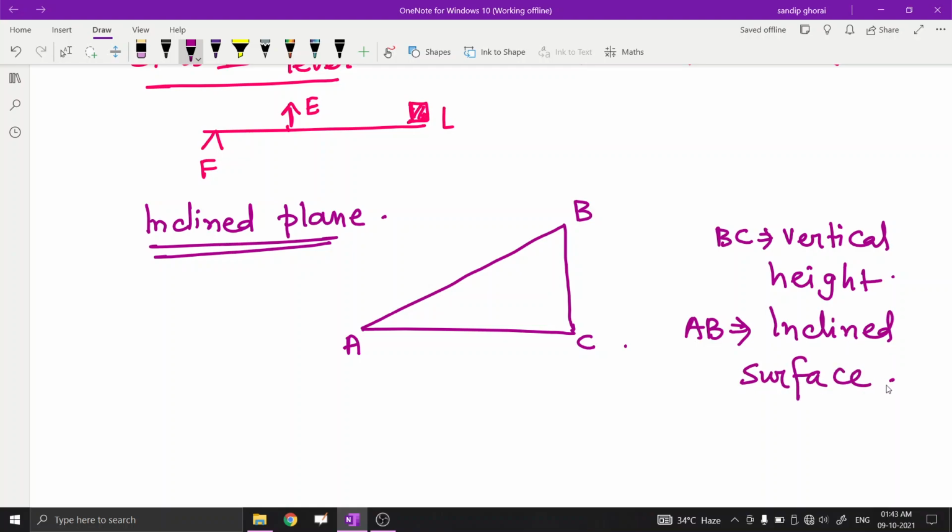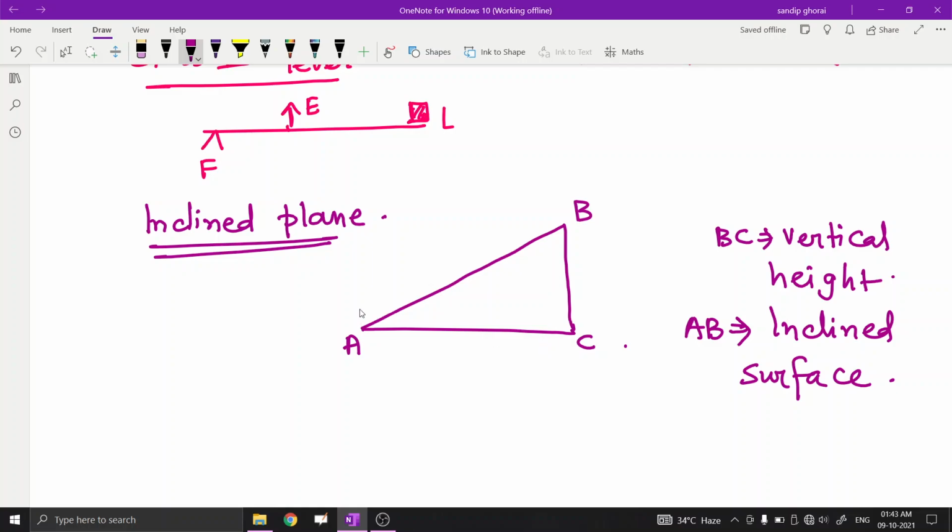So in this case we use this type of inclined plane AB to do some more difficult work with less force. That means a wooden plank kept with one of its edges on a raised object and the other edge on the floor is an example of inclined plane.